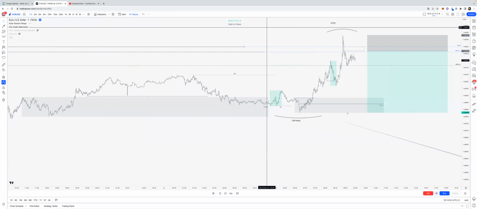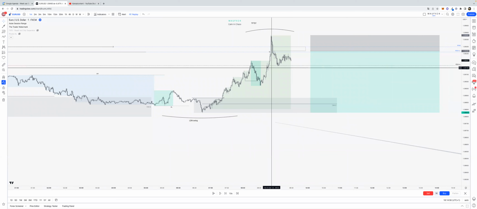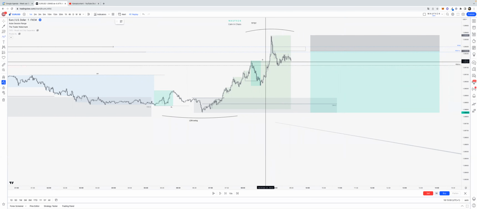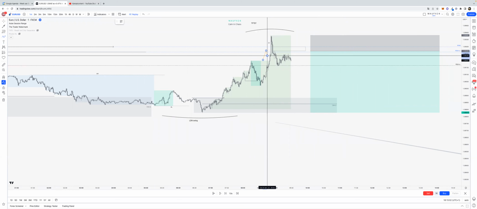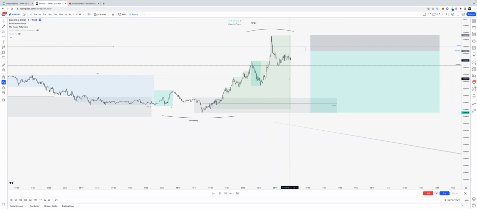So there's no clean breaker structure. There's this candle. We can see retracement up. So on the lower time frame, it looks like this: up, down, up, and your break, entry, continuation. So that's one.